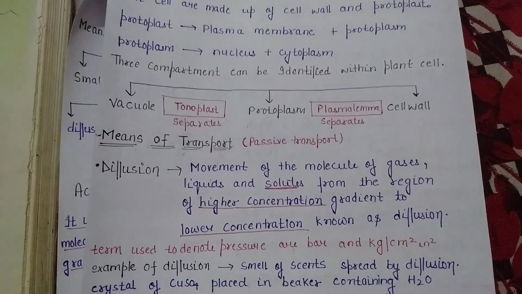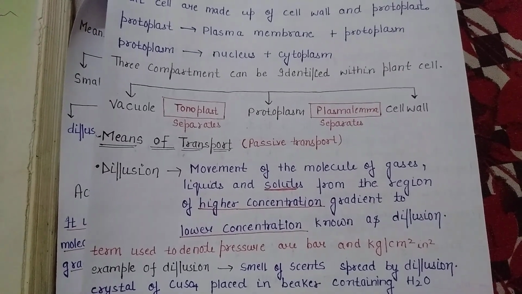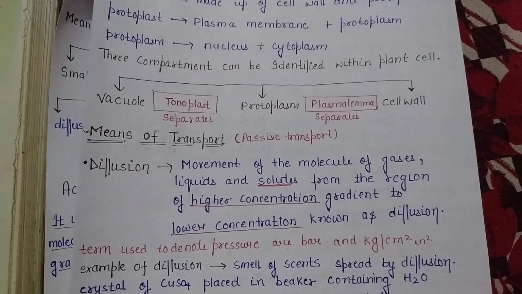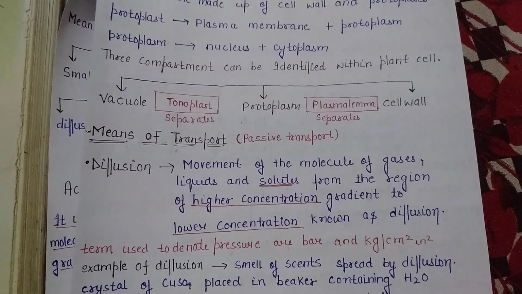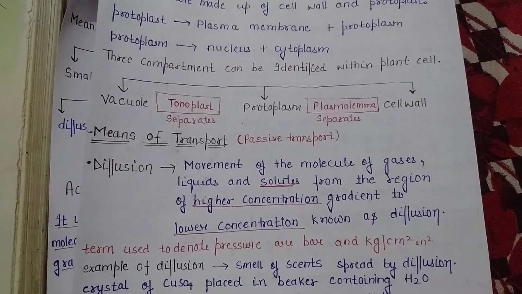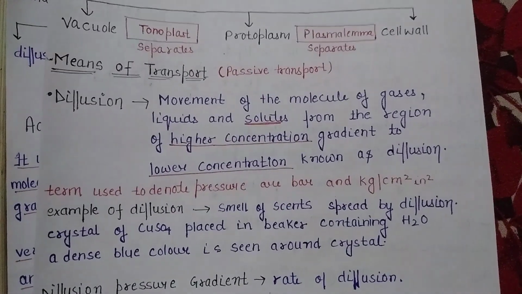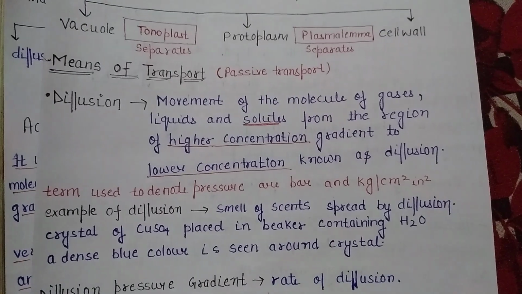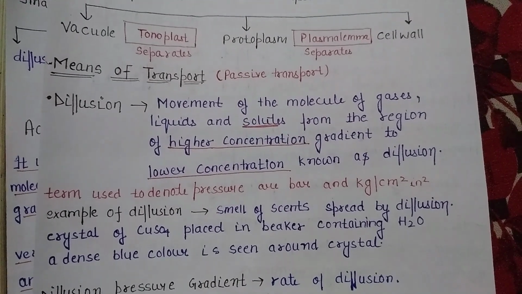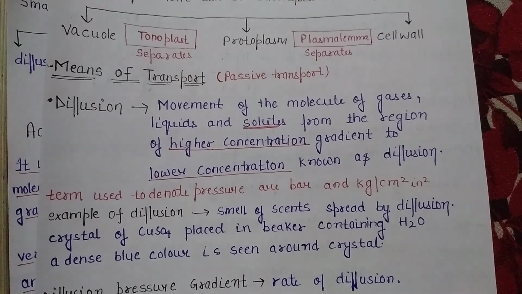Now first we have to study the means of transport, by which processes the transport takes place in plants. First we study passive transport. Passive transport: diffusion, facilitated diffusion, and osmosis are all passive transport. Now first study diffusion. Movement of molecules of gases, liquids and solutes, mainly solutes, from a region of higher concentration to lower concentration takes place in diffusion.